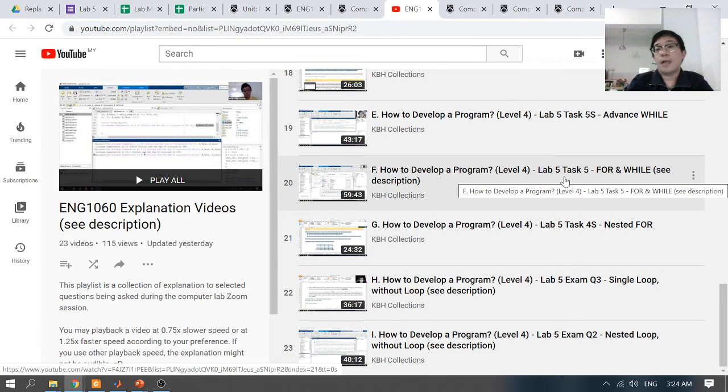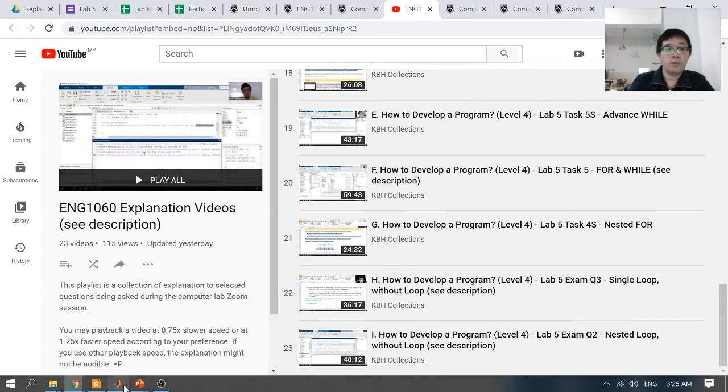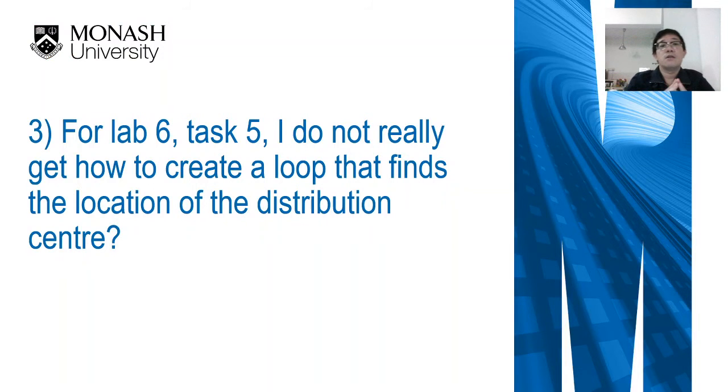So take a look at how I do the manual analysis in lab 5 task 5 for the part A function file and part B M file, and then you can use the same pattern or the same approach to perform the manual analysis for lab 6 task 5. So these are a few guidelines that you can consider to help you develop the program for lab 6 task 5.